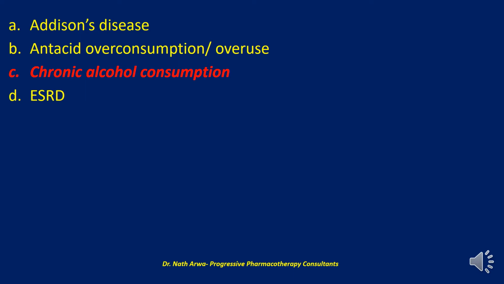And we know that hypomagnesemia is commonly caused by pancreatitis, severe burns, digestive system disorders, excessive diuretic use, chronic alcoholism, among many conditions. So C would be my best bet in this particular question. Let's move to the next question.